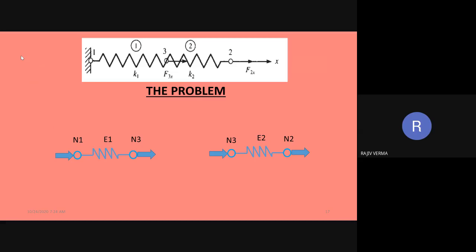And since in this particular case, the x-axis is from left to right, for both the elements on display, the forces are from left towards the right. So for element number 1, we have the forces on display given by F1x and F3x. Similarly, for element number 2, we have the forces given by F3x and F2x.